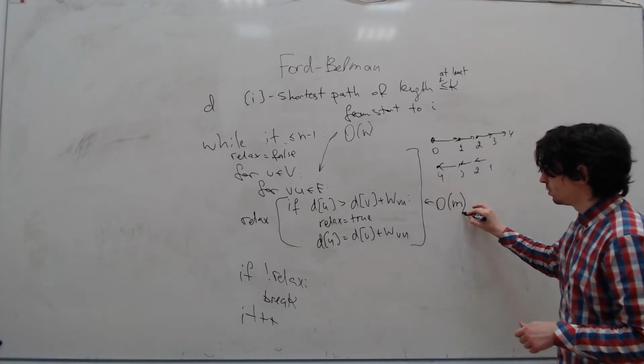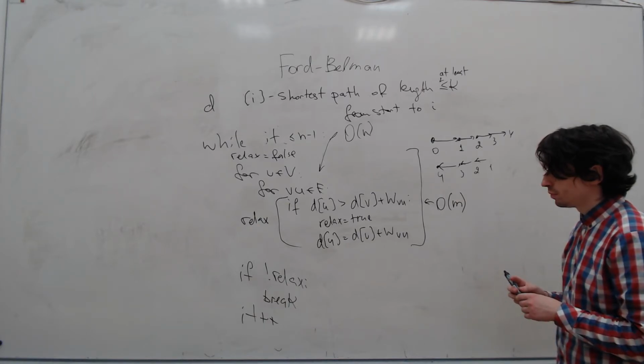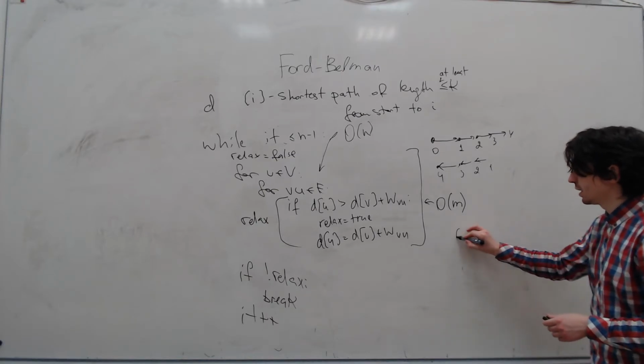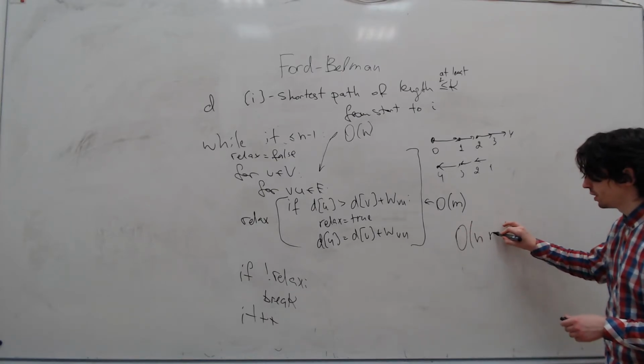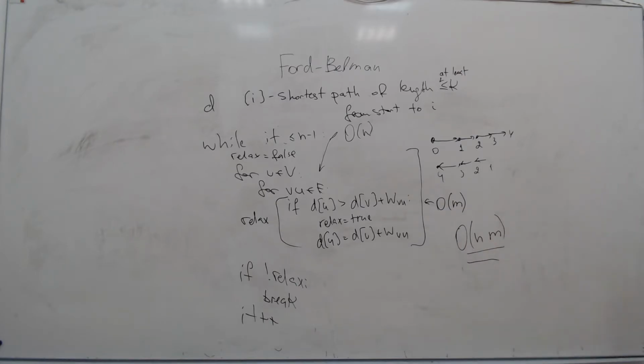So the outer loop is the number of vertices, so it is the product of those. Exactly. So it will be the number of vertices times the number of edges. This will be the complexity of the algorithm. I know it is not very good, however, it can work with negative edges, which is already good for us.